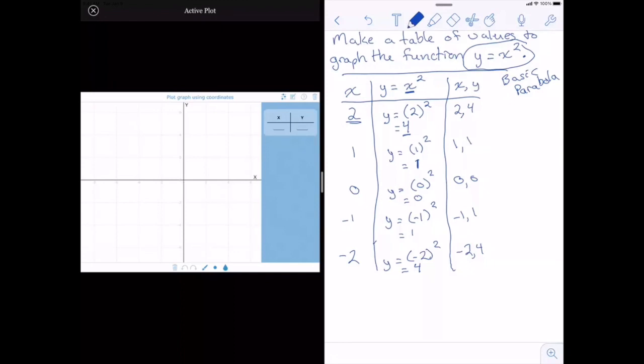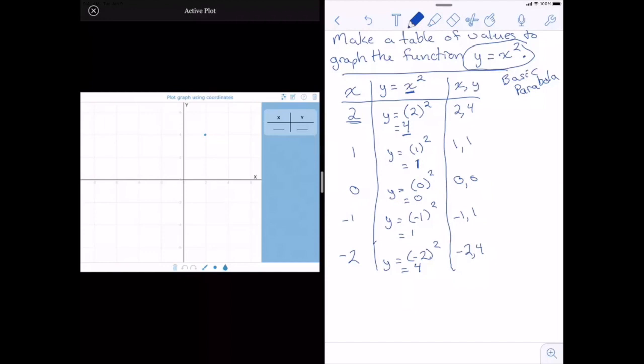So for this one, I'll just put them straight onto the graph, and I'm going to click that paintbrush and then the paintbrush option there. And I'll put the first point, so 2 and 4. So 2 and 4 right there.